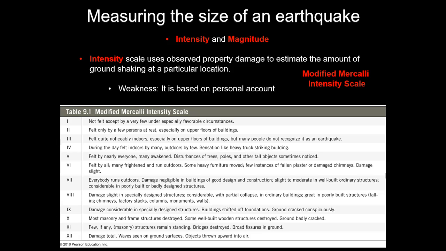A similar attempt to this intensity scale is done by the USGS and has been relatively successful. This maps the intensity based on people's response to a "Did you feel it?" survey. So internet users are prompted to enter their zip code and answer a few questions such as, did objects fall off shelves?